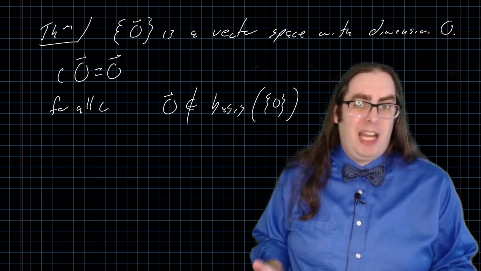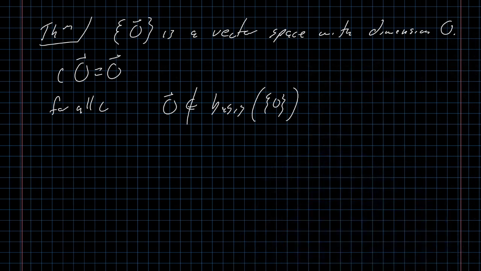So we're kind of out of ideas, and with nothing else to do, we decide to define the basis of the vector space containing just 0 to be the empty set.